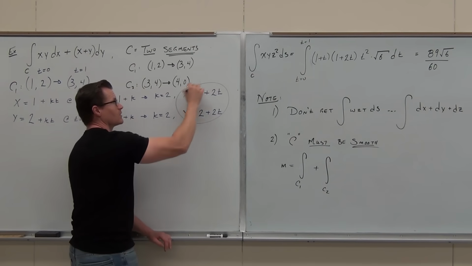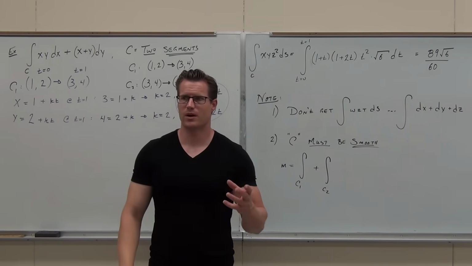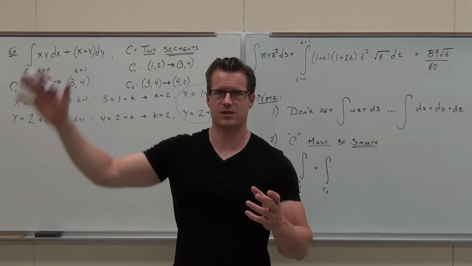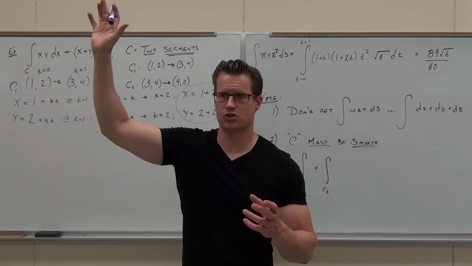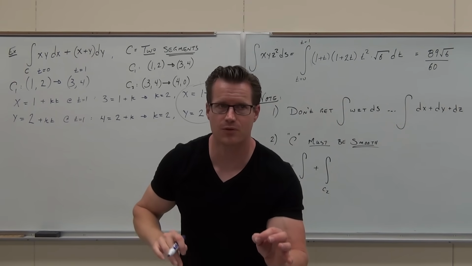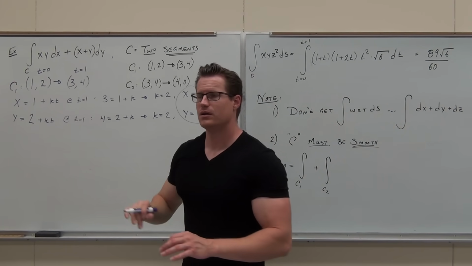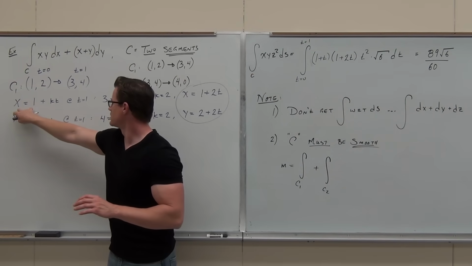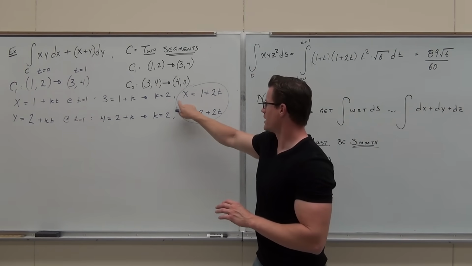This right here is what I use to reparameterize my first curve. Show of hands, you understand that concept? Are you sure? Now you listen carefully right now. Do you see how x is this and y is this?